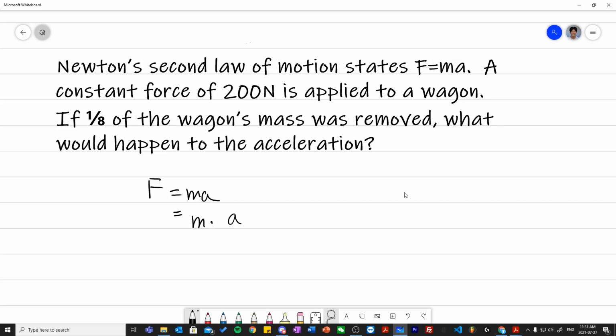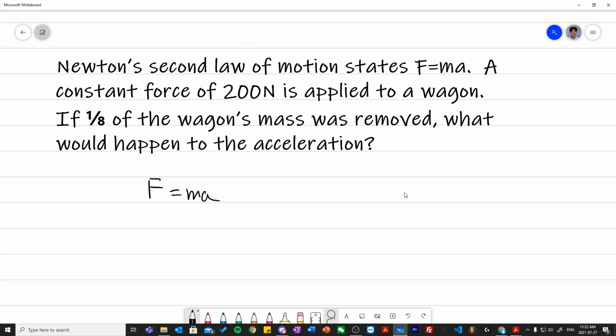The acceleration will be divided by 4. Pardon? Sorry, I didn't catch that. The acceleration will be divided by 4? Like this divided by 4? Yeah, basically. How'd you arrive at that conclusion?